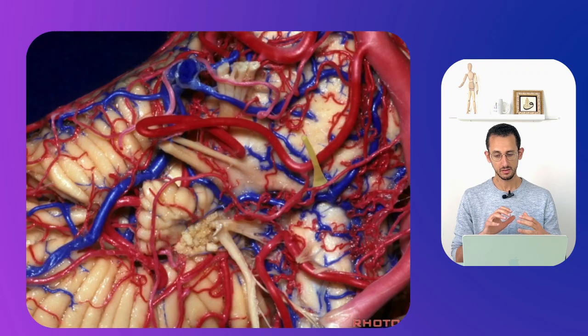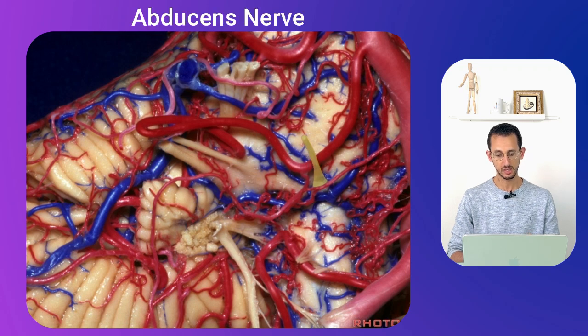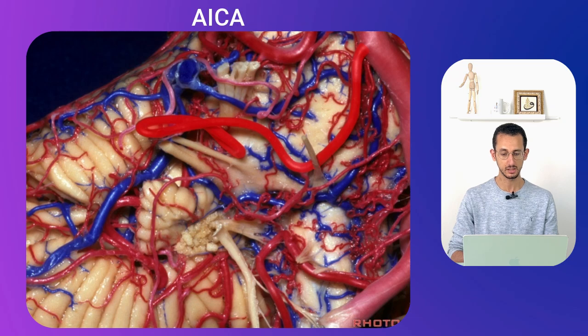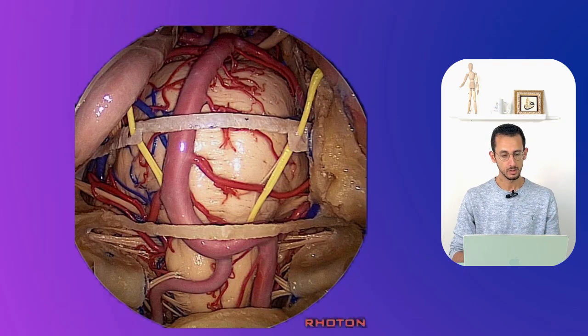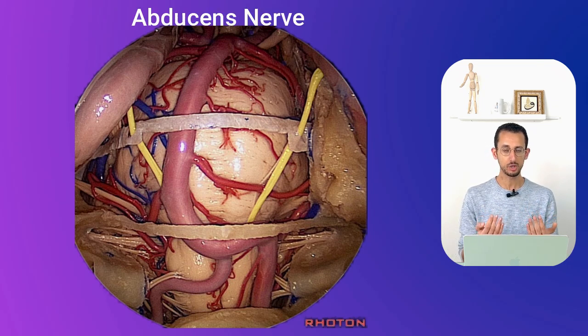Then let's look at the relationship with the vessels. So you can see the abducens nerve here, and the vessel that will be in relationship with that will be the ICA, which you can see here, around the pontomedullary sulcus again. Then this is a very nice view where it shows the abducens nerve takes a vertical running pathway on the brainstem.